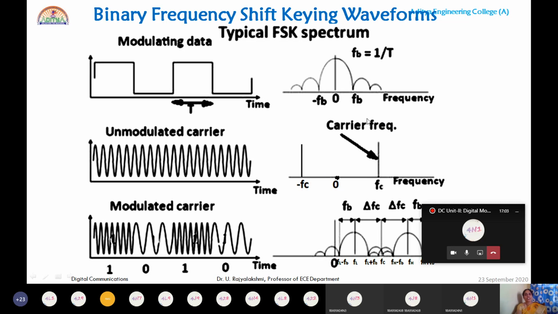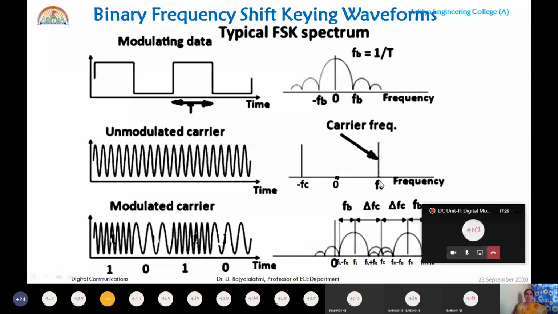Already you know that carrier frequency is high compared to bit frequency, high compared to the input signal. So that's why FB is made close to 0 and FC is made far away from 0. FC is greater than FB. Accordingly, represent the value of FC.